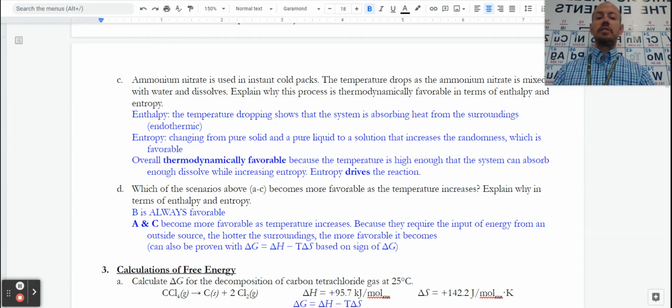So let's think about that in terms of enthalpy and entropy. For enthalpy, that is an endothermic process. The temperature dropping proves that it's absorbing energy from the water, from the air, from the package, from our hands, in fact. So there has to be enough energy in the surroundings for this to occur, and that's actually unfavorable.